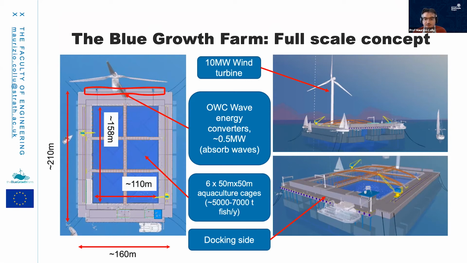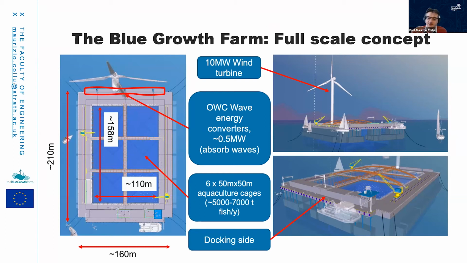But remember that a critical function of these wave energy converters is not only to produce energy, but also to dampen the waves that are then occurring in the moon pool. As you may know, fish aquaculture doesn't like waves. They would like a flat sea. But at the same time, we need to move offshore because the near shore locations for aquaculture are pretty much all taken.